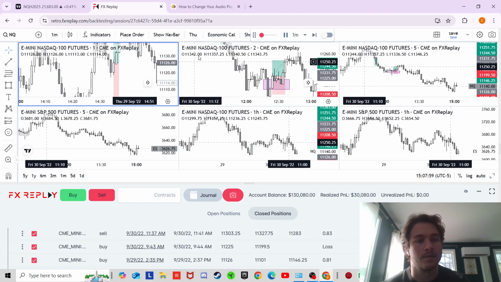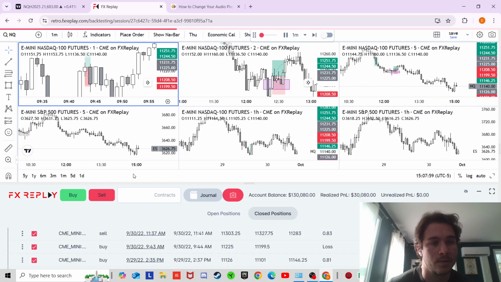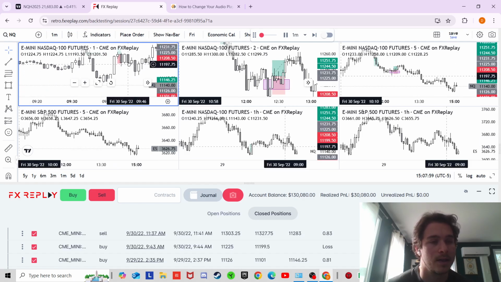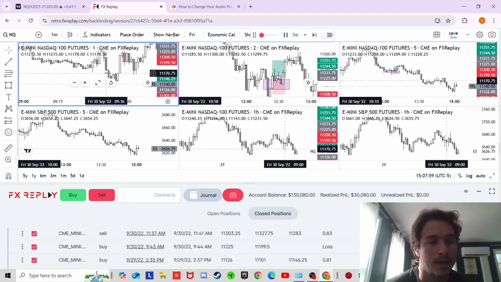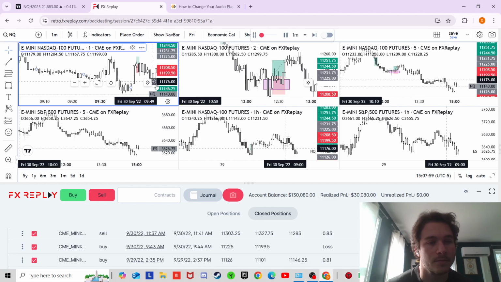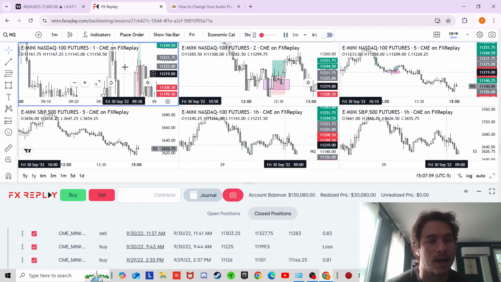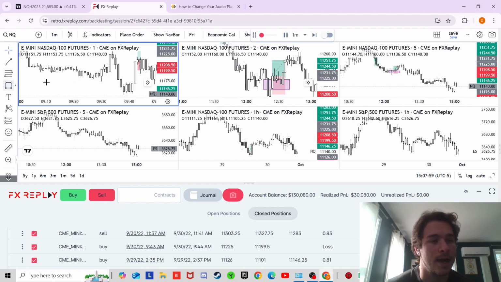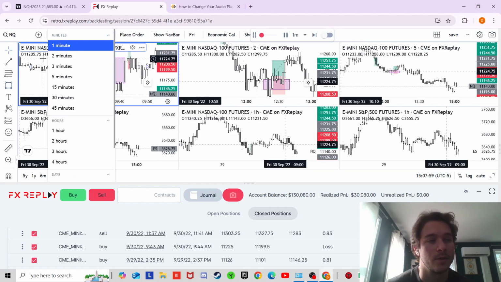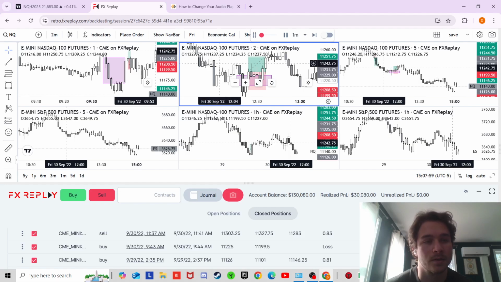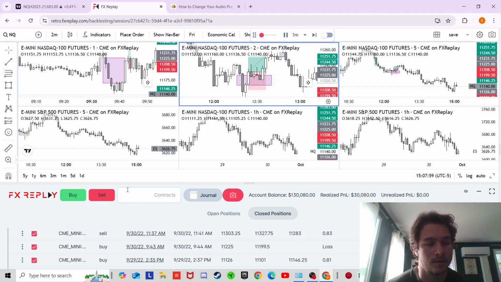And then for IFVGs, the other ones, say there are 1, 2, 3 gaps here. The last one would have to be at least 5 points, and I combine them all. But when I combine them all, I then go to the 2 minute. Is that the same?